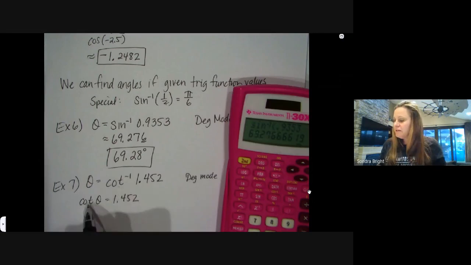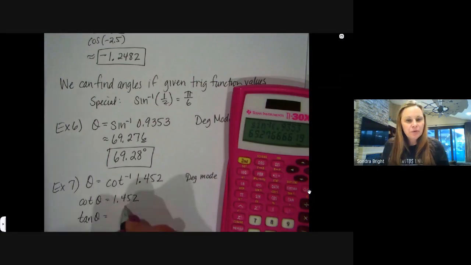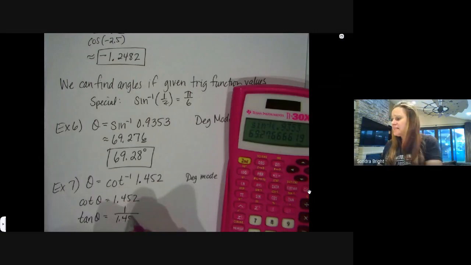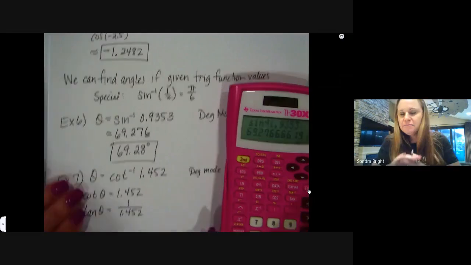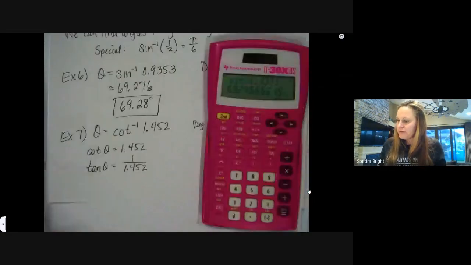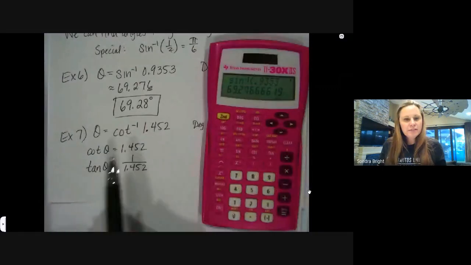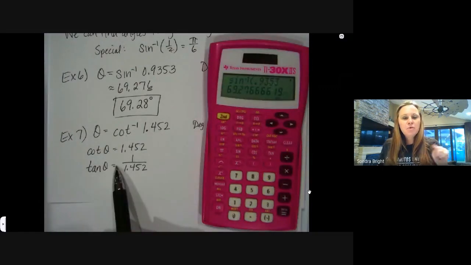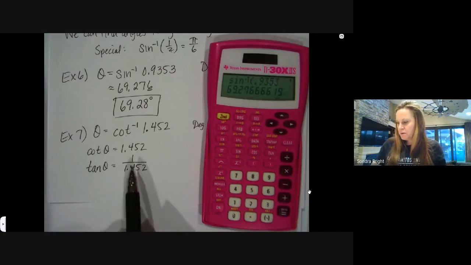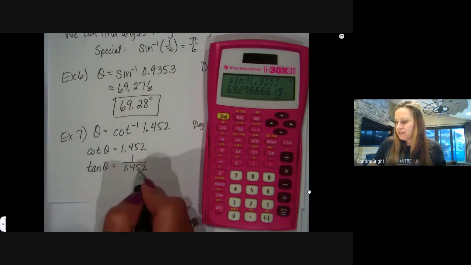So cotangent of theta, well, I know that means tangent of theta would equal 1 over this value, since they're reciprocals. Highly recommend that you write this. You're going to want to be lazy and not write it and skip steps, and then you're going to get it wrong on the test. I'm telling you that right now. Rewrite it: tangent is equal to 1 over, since they're reciprocals of each other, and now put it into inverse mode. So if this is true, then that means theta is equal to inverse tangent of 1 over 1.452.